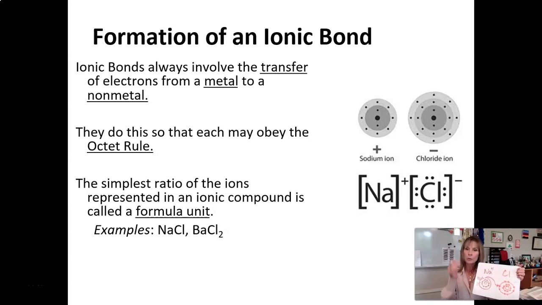But then I got rid of one of those electrons and sent it over here to chlorine, which then gave me 10 electrons. Look at the difference in the pluses and the minuses here. There's 1 more positive charge than negative charge. That's why sodium will end up with a +1 charge.